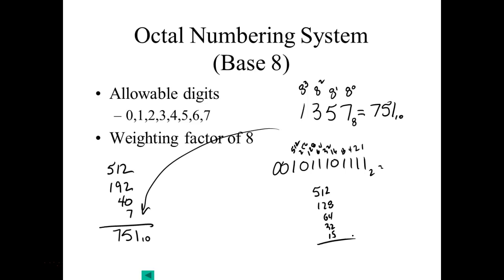What do we got? Anybody got it added yet? Do I need to make it bigger? What's that? 751. My goodness. So I went from that octal number to binary.